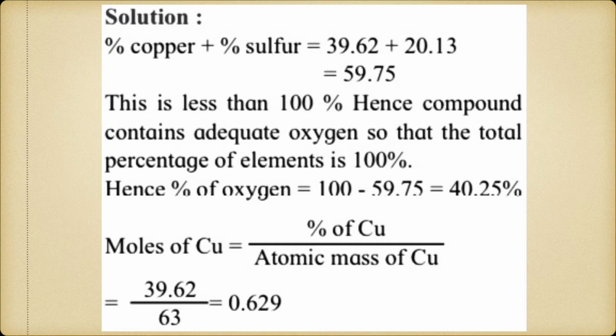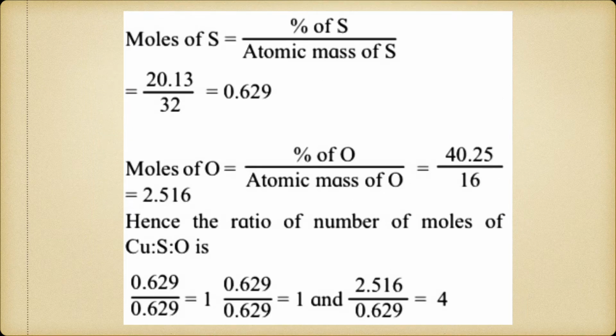The values are substituted, that is 39.62 upon 63. The value comes out to be 0.629. Similarly, we are going to find the moles of sulfur as well as oxygen. The moles of sulfur equal to percentage of sulfur upon atomic mass of sulfur, that is 20.13 upon 32.